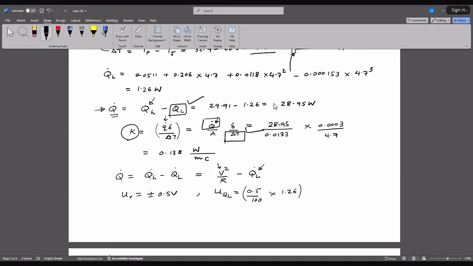First, let us find the uncertainty in Q dot. We also need to find the gradients. Del Q dot over del V is 2V over R, and del Q dot over del QL dot is simply -1.